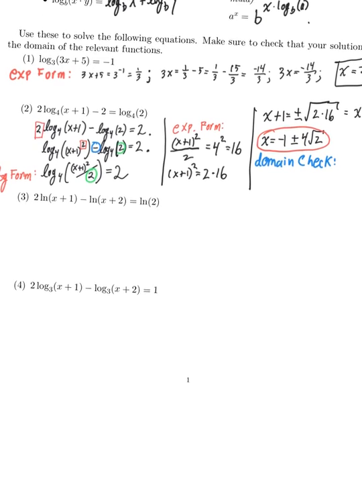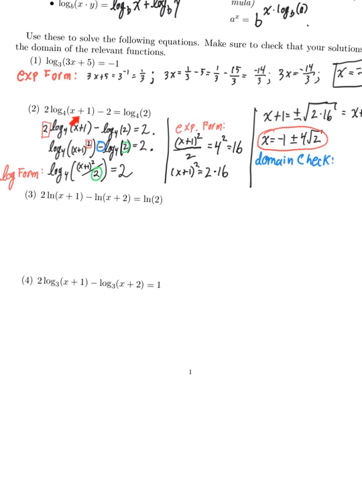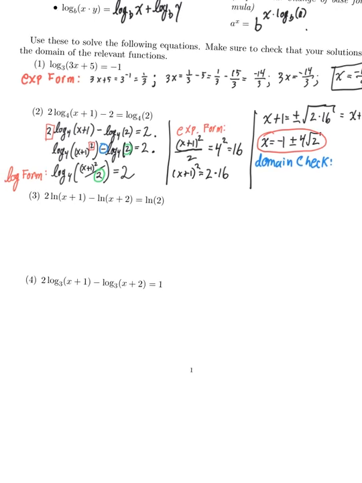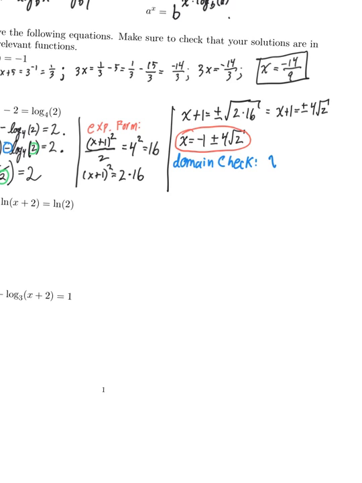So for the original expression to make sense, I need x minus 1 to be bigger than 0, so x needs to be bigger than minus 1. Oh, well, but look at this. I see here two different types of numbers. One of them is -1 plus a positive, and -1 minus a positive. -1 minus a number is going to be less than -1.